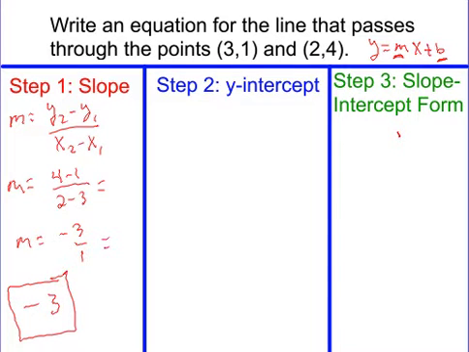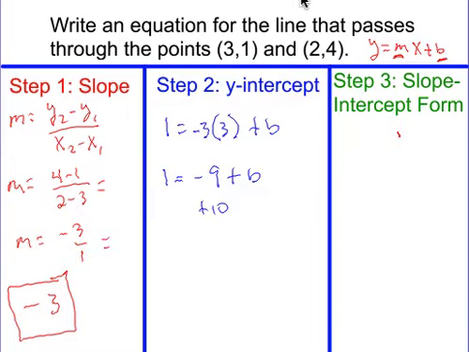Next, now we're at the same place we were on the last slide, right? Yeah. We have a point, we have the slope, and it doesn't matter which one of these two you use for your x and y value. They're both going to give you the same answer as long as you do the math correctly. So I'll just use this first one. y is 1 equals negative 3, which is m, times 3, which is x, plus b. 1 equals negative 9 plus b.